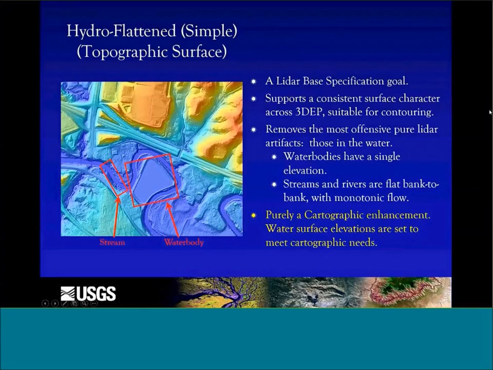Okay, and it's important to stress that this was done as a cartographic aesthetic enhancement. There's absolutely no relativity to true water surface elevation at a given time or a given water stage or flood stage. This is purely done just to make the topographic surface work properly.